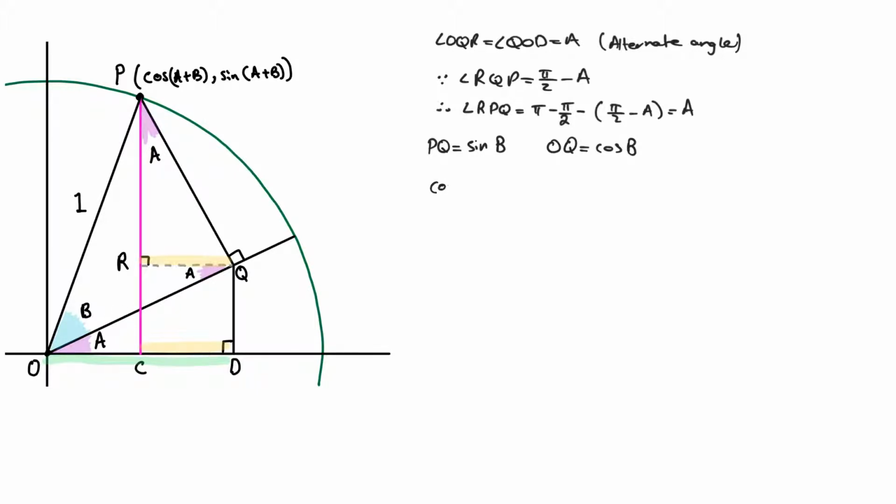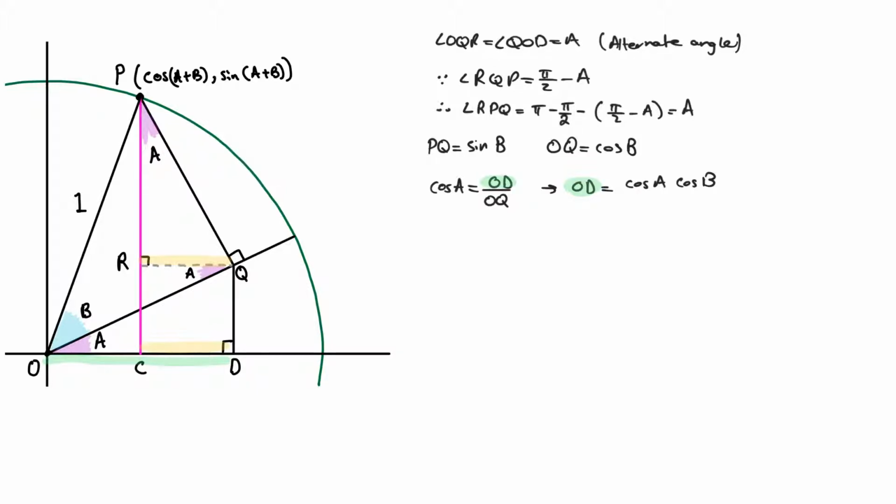Cosine of A is equal to OD over OQ, which makes OD equal to cosine of A multiplied by OQ. But we know that OQ is equal to cos B. We just found that out right here. I will highlight this in green so you can correspond to which length we're looking at.